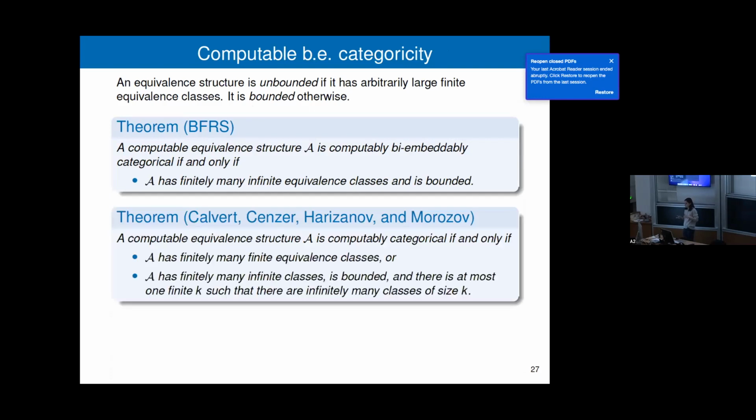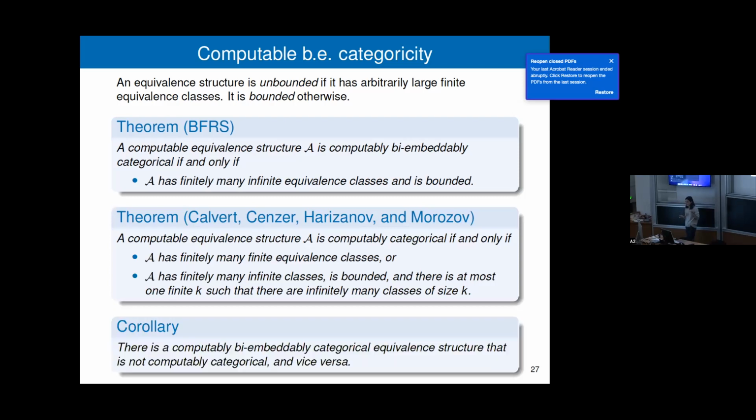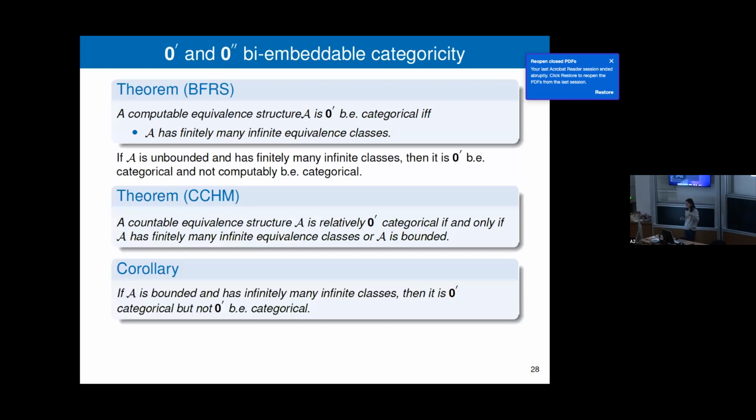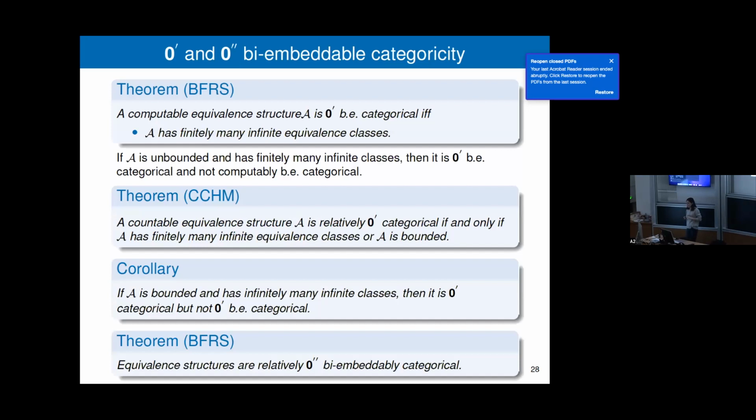This characterization is different from the characterization of computable categoricity up to isomorphism. So in particular, we get a corollary that those two notions do not coincide. We have examples that separate those two notions in both directions. And we can do the same for higher levels, for zero jump and zero double jump.